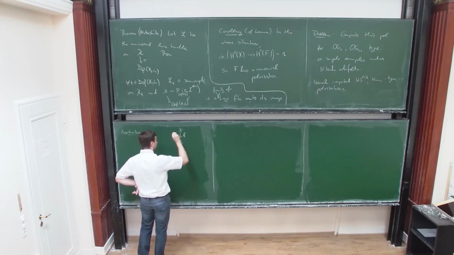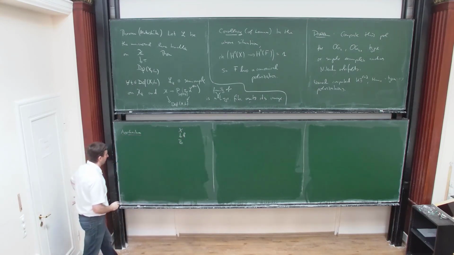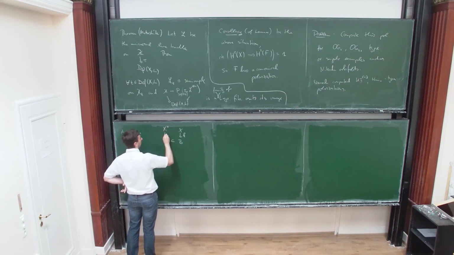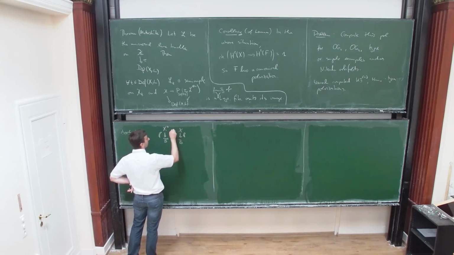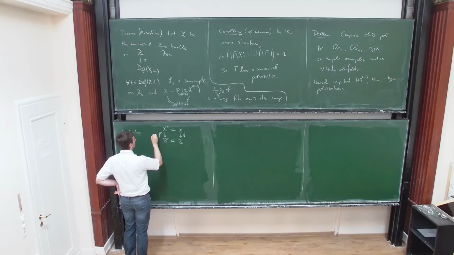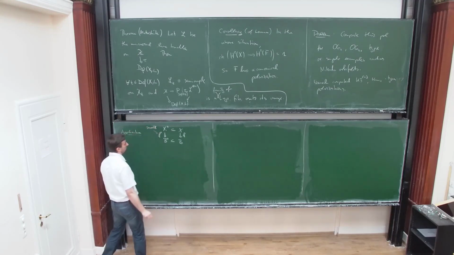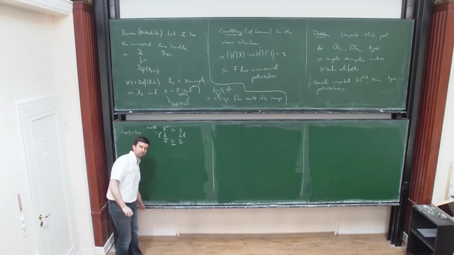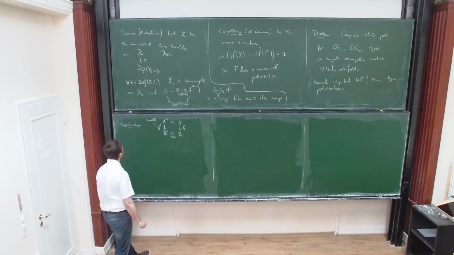I have f from X to B. I have E°, X°, and F°. And this is the locus in B over which f is smooth. So this here is supposed to be a smooth morphism. Take the open in B over which this is true, the maximal open over which this is true.